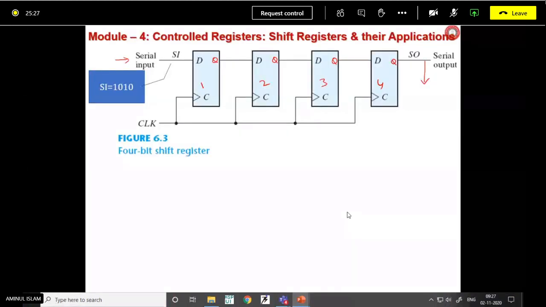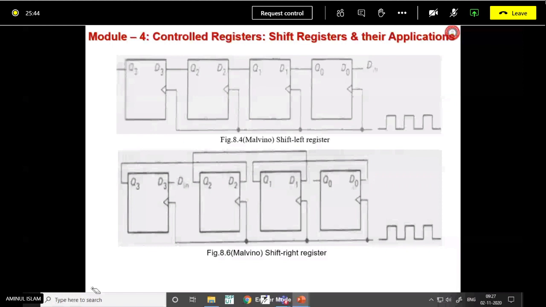Okay. Suppose 4 bits, 1010, you want to transmit to this shift register. So first you apply the LSB, that is 0.